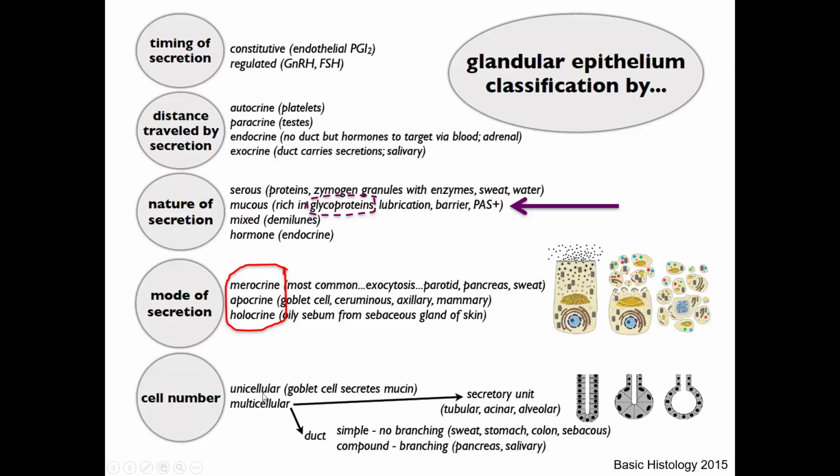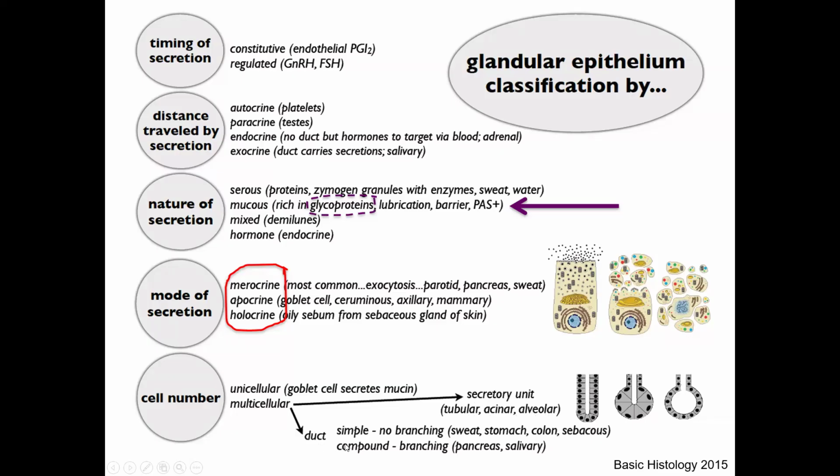There are unicellular and multicellular glands. The unicellular, the prototype is the goblet cell. It's just one cell that releases the secretion. Multicellular are the pancreatic acini, where the cells all secrete their product into the lumen that enters then into a duct. According to the shape of the secretory unit, they can be tubular, acinar, and alveolar glands.